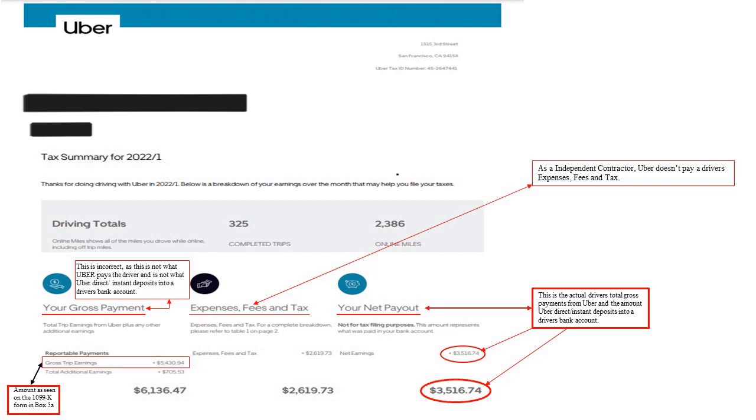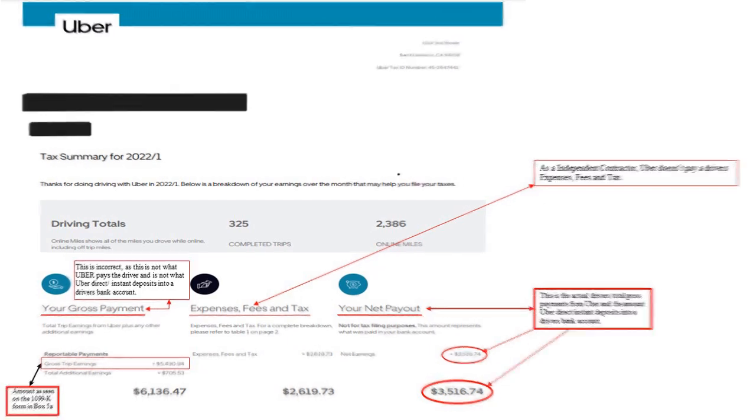That difference would be the expenses, fees, and taxes. Now, keep in mind, as an independent contractor, Uber does not pay drivers' expenses, fees, or taxes. So why is that being taken out of the driver's pay, or what their reportable gross payments are to be?